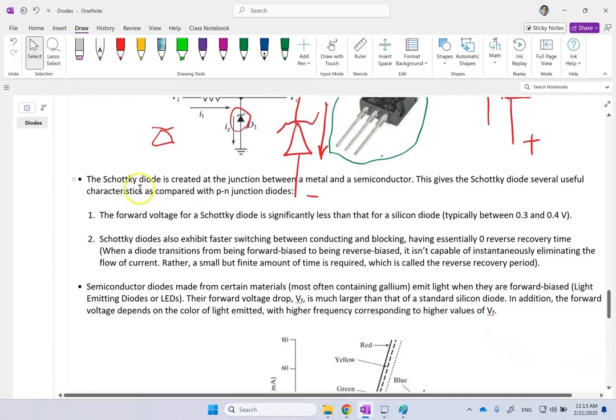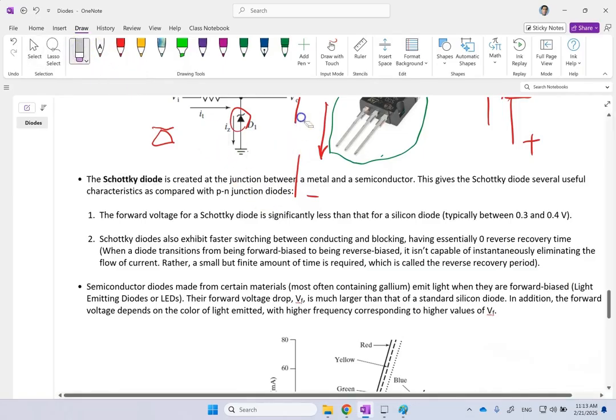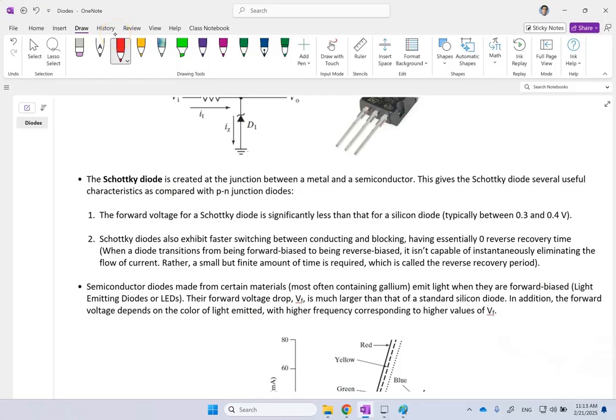Okay, the next group of diodes is called the Schottky diode. Okay, and what is a Schottky diode? So remember the way that we made the PN junction diodes, we had semiconductors like silicon or germanium, doped positive and negative, combined together.